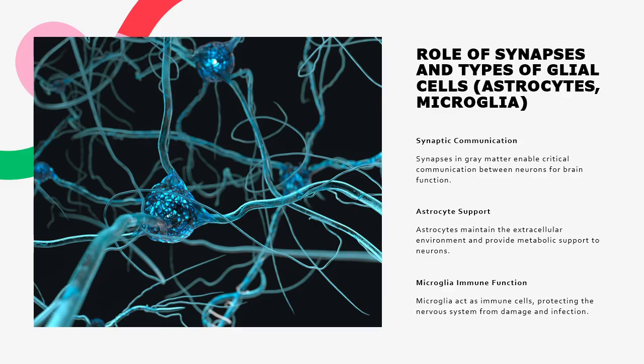Astrocytes are going to provide our metabolic support and maintain the extracellular environment, so all around the neuron, while the microglia are going to act as immune cells to help protect our neuron from any damage or infection.